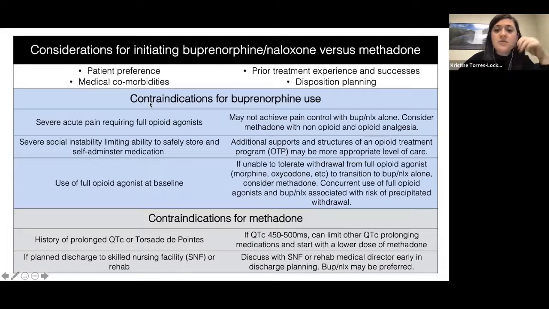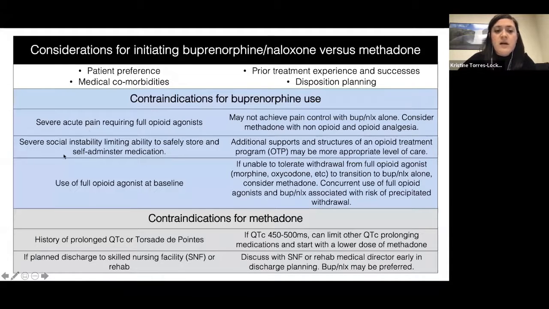The only real contraindications to buprenorphine are someone being on a full opioid agonist. Because it's a partial agonist, you generally can't have them on both at the same time. So if someone's in really bad pain and you're giving them Dilaudid, oxycodone, etc., and you're not able to get them off the full agonist to switch them to buprenorphine, I wouldn't use it.